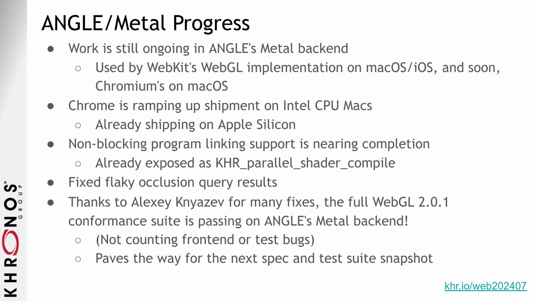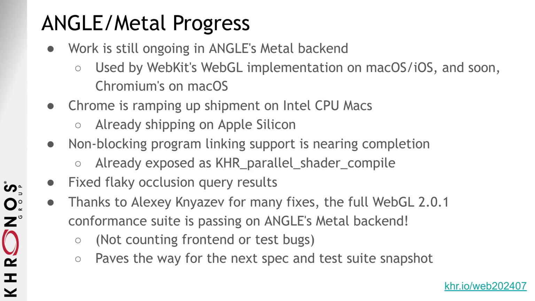So in the interim, Alexei fixed a bunch of stuff in the backend related to parallel compilation and program linking. This is already exposed as the KHR_parallel_shader_compile extension, but it's basically almost 100% working now on Mac with ANGLE Metal. We also fixed some bugs in flaky occlusion query results.